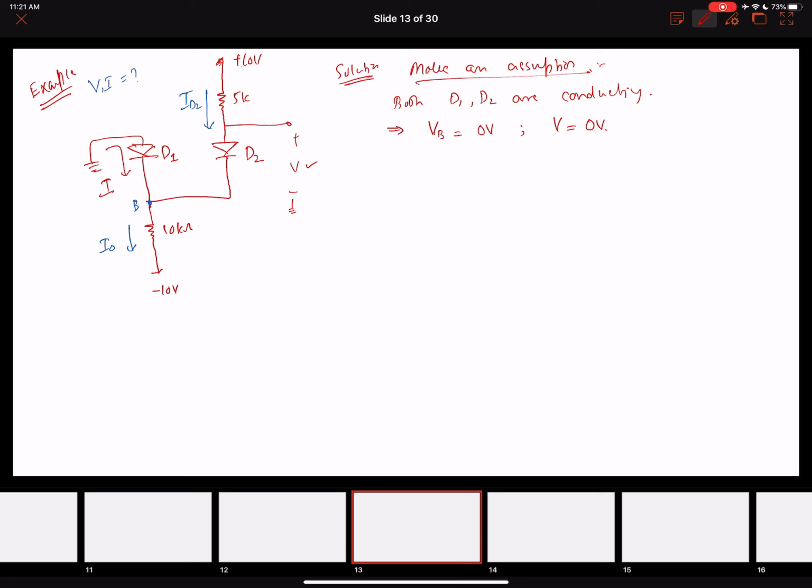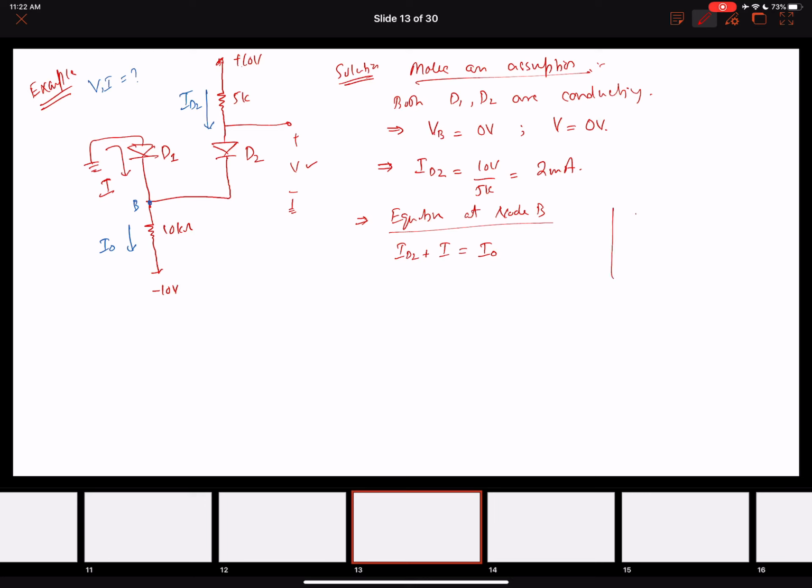So we are going to do exactly the same process. I am first going to find the current flowing through diode 2, ID2, which comes out to be 10 volts over 5K, 2 milliamperes. Then I will write the current equation at node B, which was ID2 plus I equals I naught.